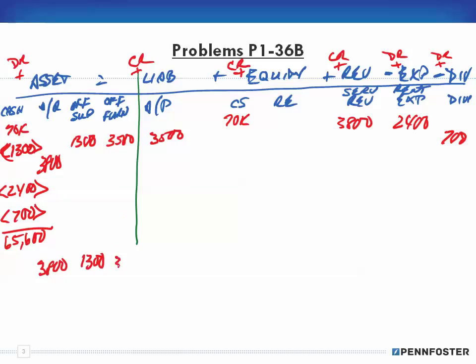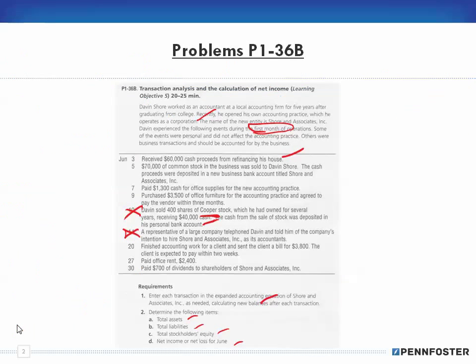And for office furniture, I have 3,500. When I total all of those together, that gives me $74,200. So that's the total of my assets. That's number one, that was A here. We're looking for our total assets right here.